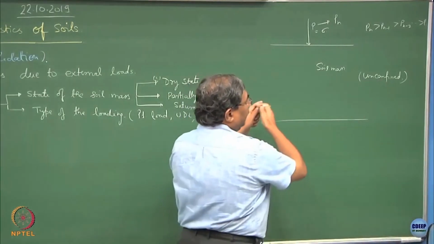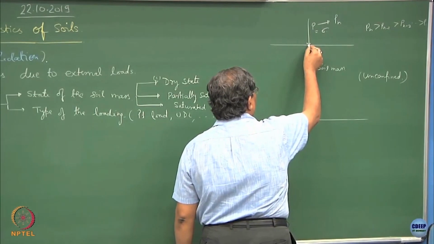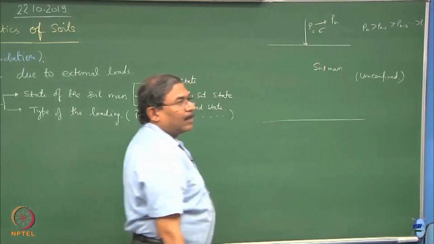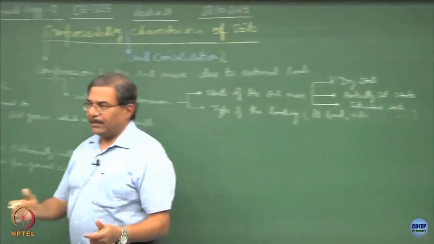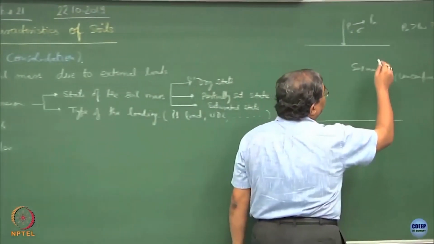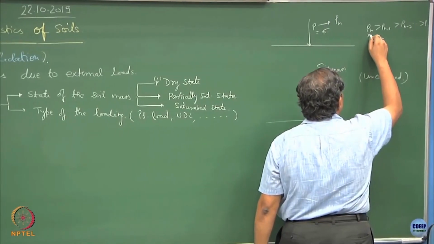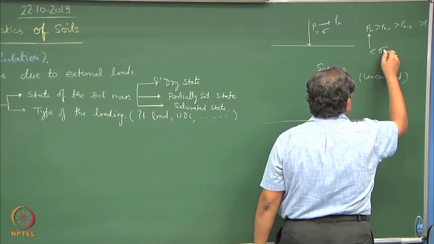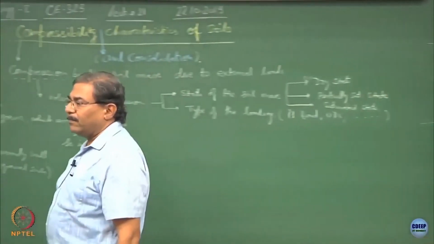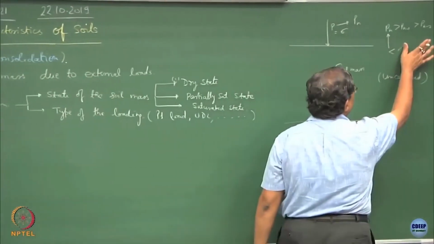If I do not have a confinement, the tendency of the particles would be, first, the whole soil mass will get compressed, and then because there is no confinement, the tendency of the soil mass is to flow out. So, if I restrict Pn to such a limit that Pn itself is less than the yield strength of the soil, now we do not write sigma y over here, we will be writing the shear stress.